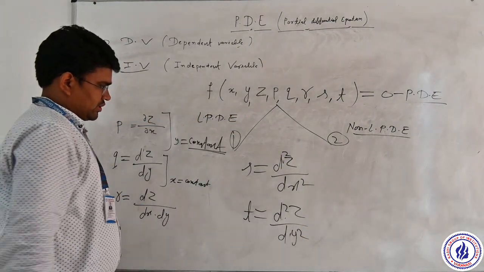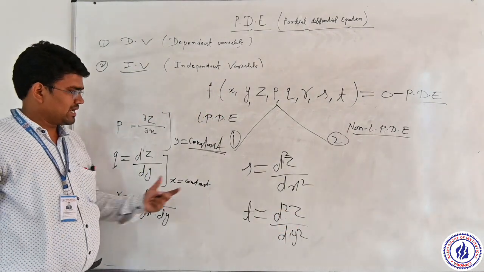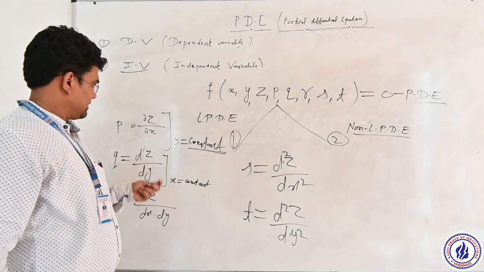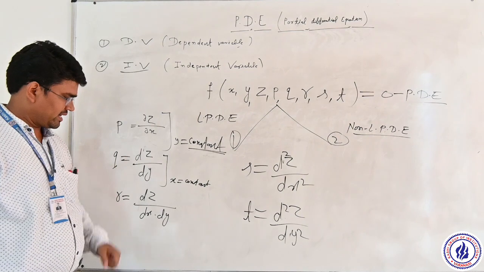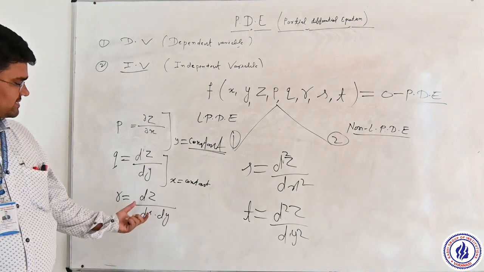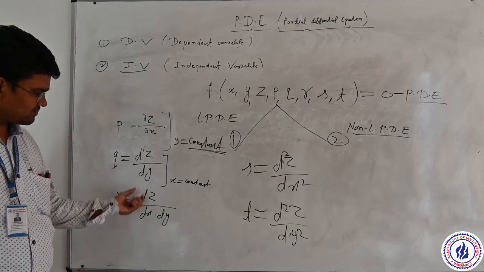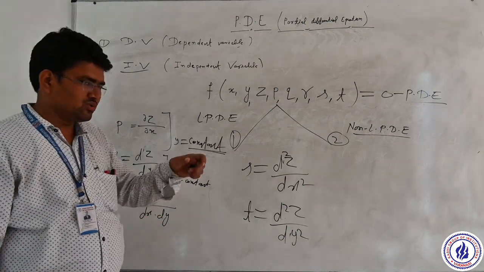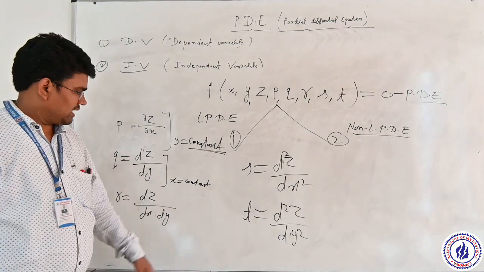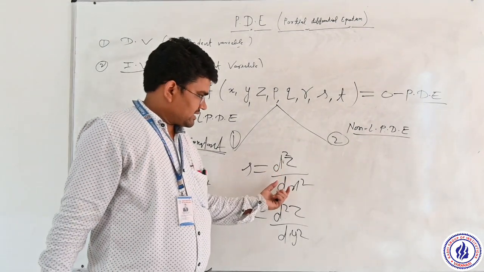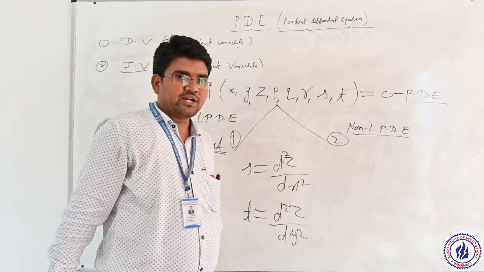Okay, we have a clear picture of p, q, r, s and t. p is dz upon dx, q is dz upon dy, and s is d2z upon dx dy, means your operation goes first with respect to x, and after that you continue with respect to y. And r is d2z upon dx2 and t is d2z upon dy2.